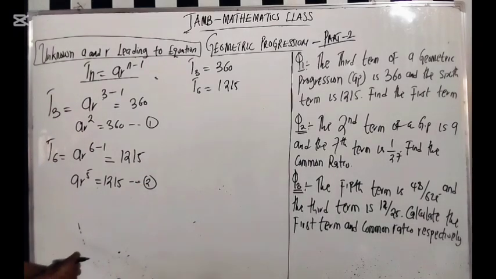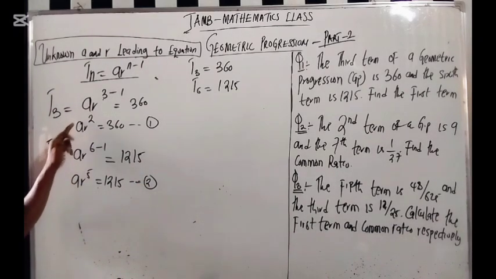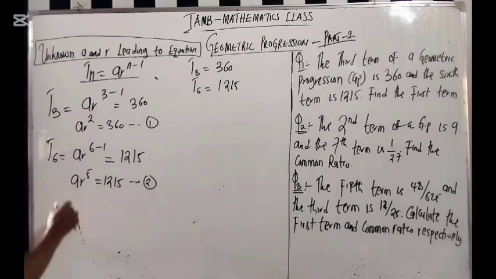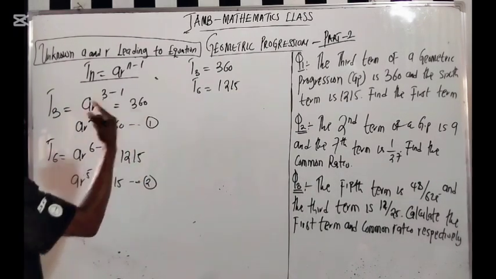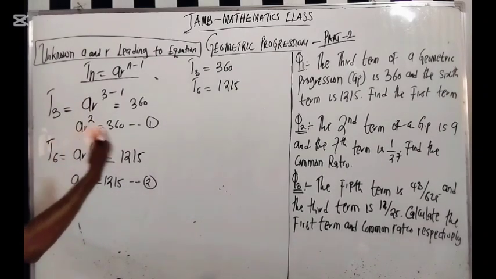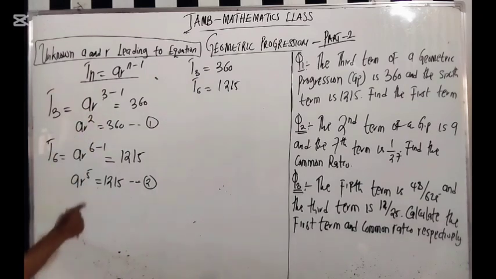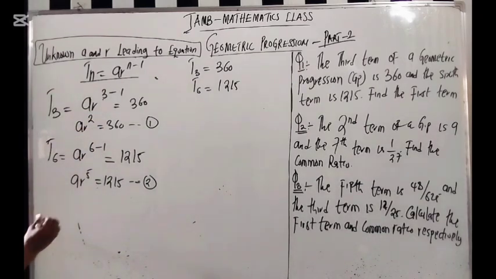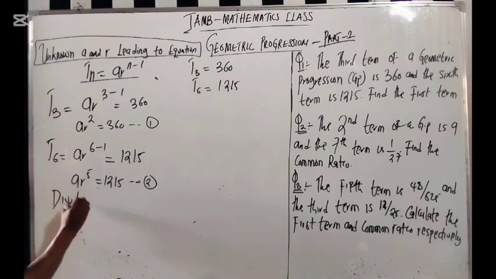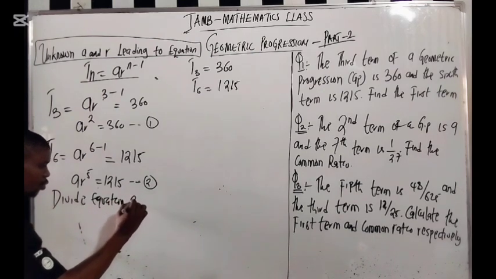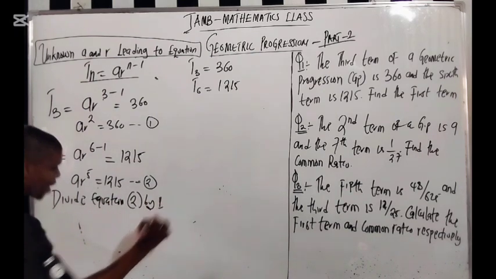We have to divide equation 2 by equation 1. Why? The main reason is that this one has a higher power or index than the other one. Here is 5, here is 2. So you divide equation 2 by equation 1.